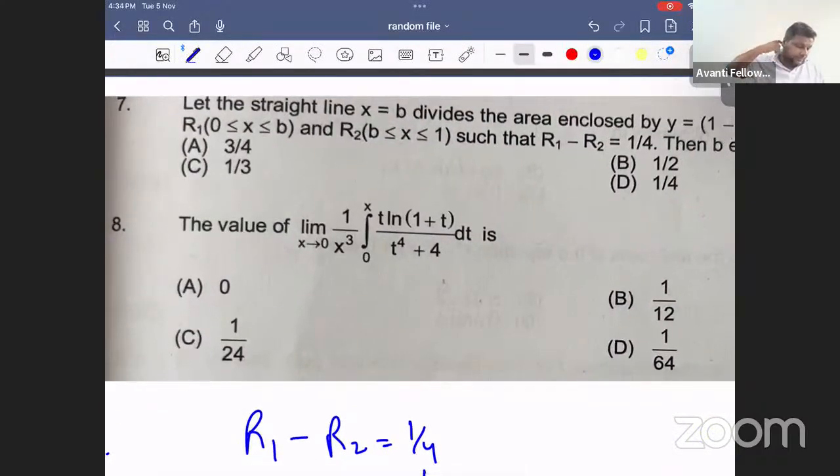Quickly. Quickly answer in the poll section.